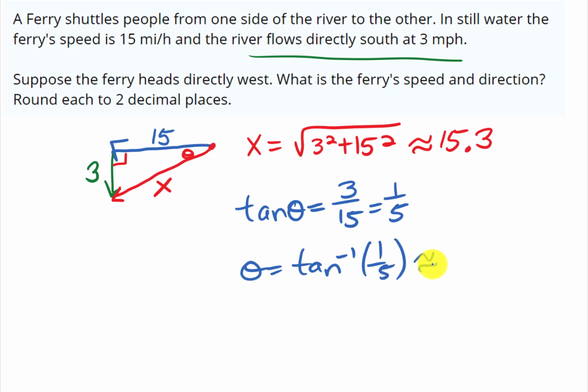If we put that in the calculator, it looks like we get 11.31 degrees. So theta is 11.31 degrees, and since this was due west, from west we need to go around to the south by 11.31 degrees.